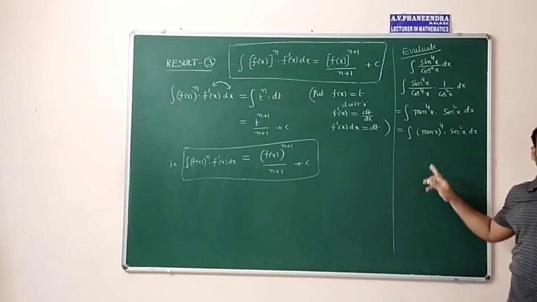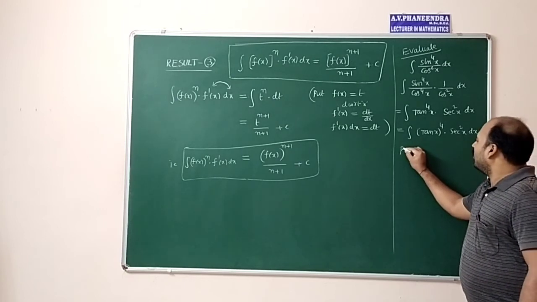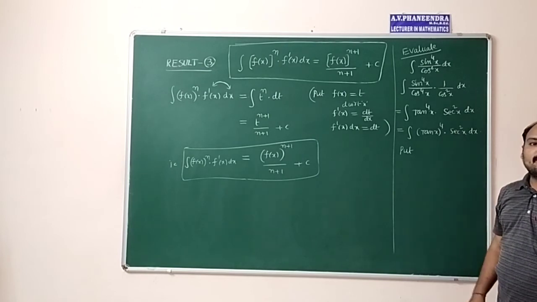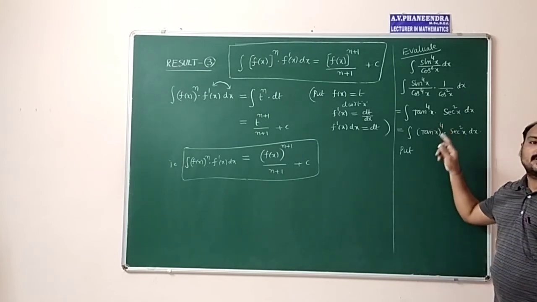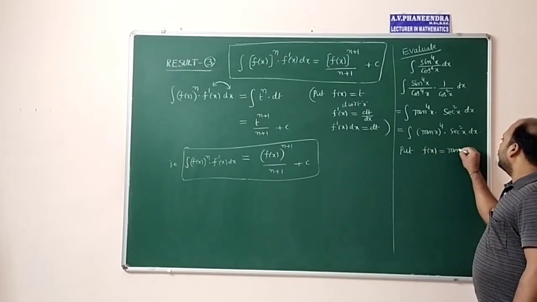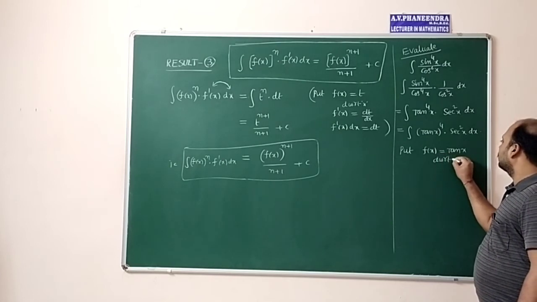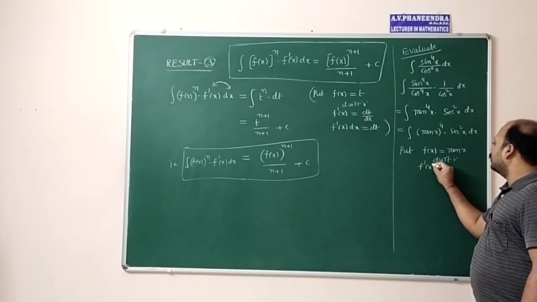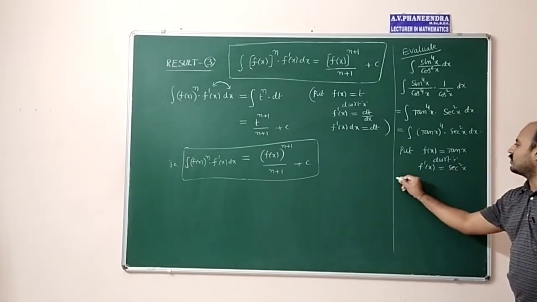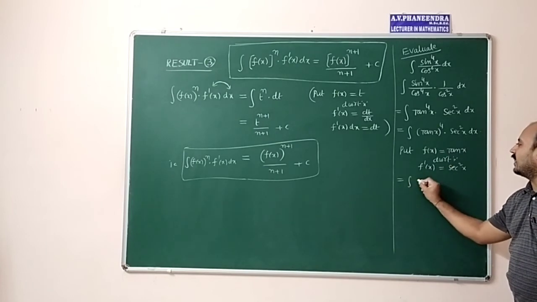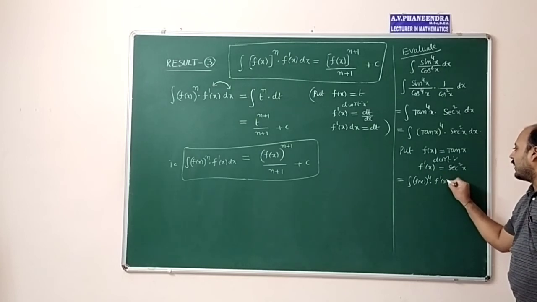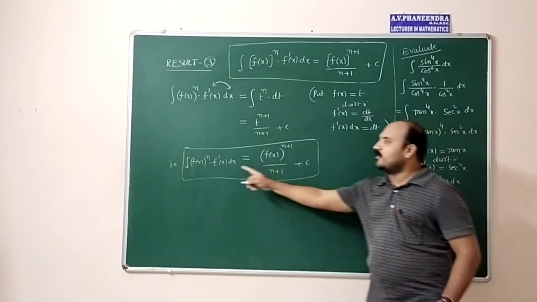After getting to this step, whichever of these two has the power, that one you can take as f of x. Put f of x is equal to tan x, differentiate with respect to x: f dash of x is equal to the derivative of tan x, which is secant square x. Therefore the above integral becomes integral (f of x) whole power 4 into f dash of x into dx. Is it in this form or not?